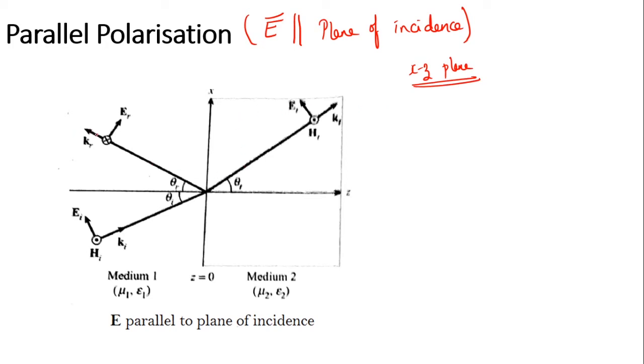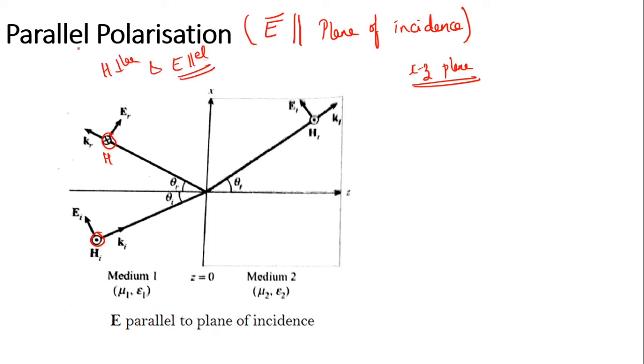And you can see that the electric field, this shows that these are the vectors corresponding to H. Okay, so H is perpendicular to the plane, so H perpendicular and E parallel.